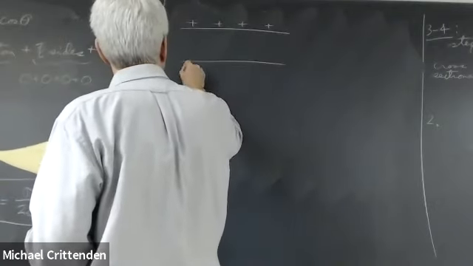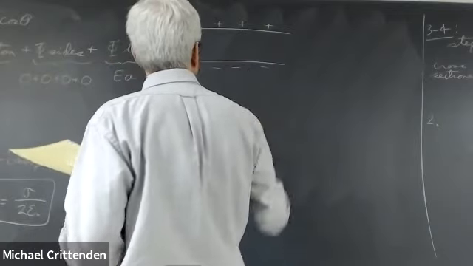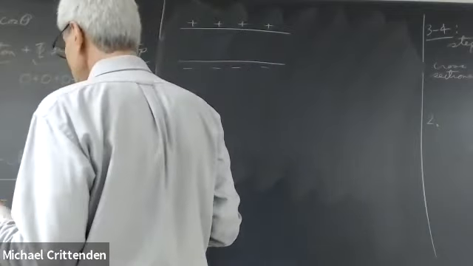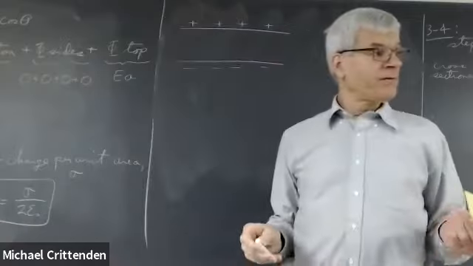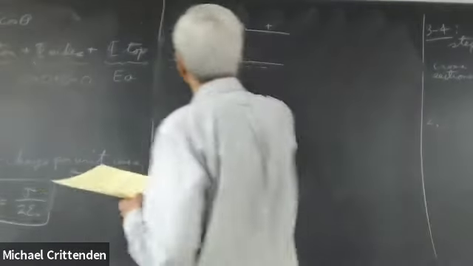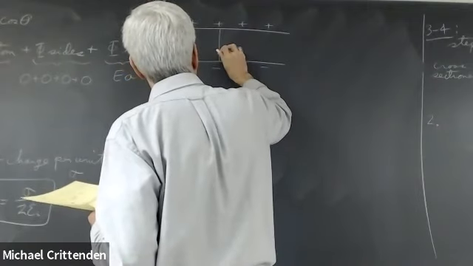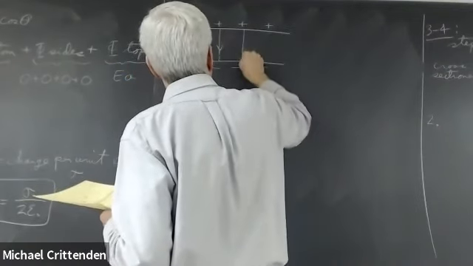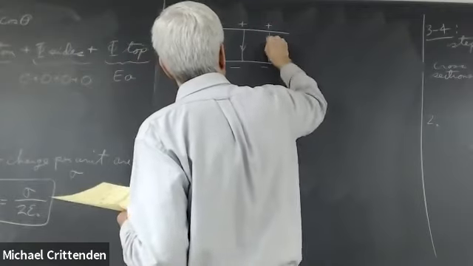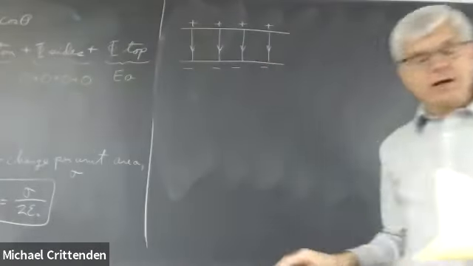What if one of them's positive and one of them's negative? Field lines run from plus to minus. If these are infinite sheets of charge, you'll have a perfectly uniform field in there.